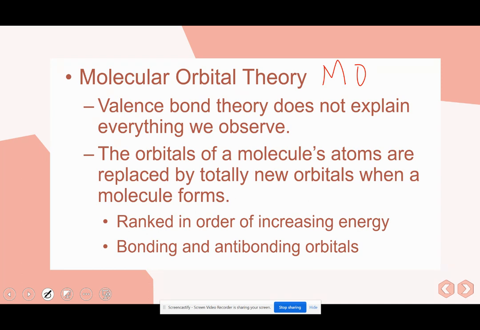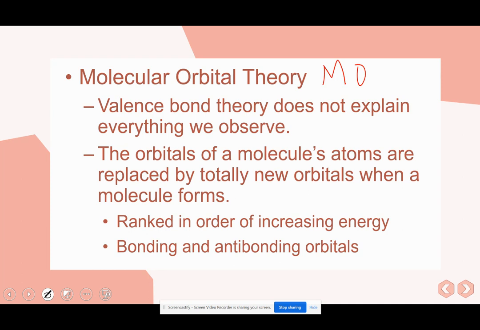The valence bond theory was working, but when they started to look at diatomic oxygen, they noticed irregularities that the valence bond theory could not explain. Because of that, they had to adjust, and they came up with what's called the molecular orbital theory.